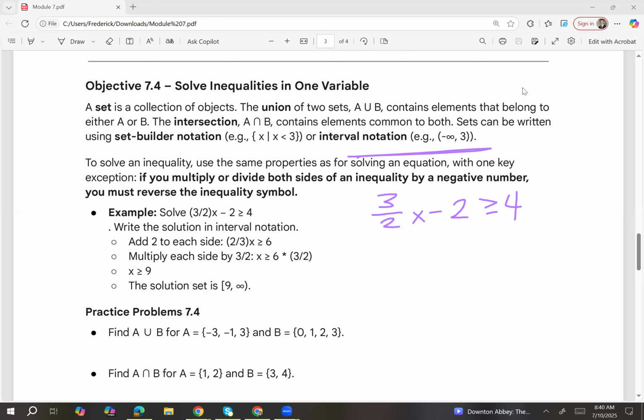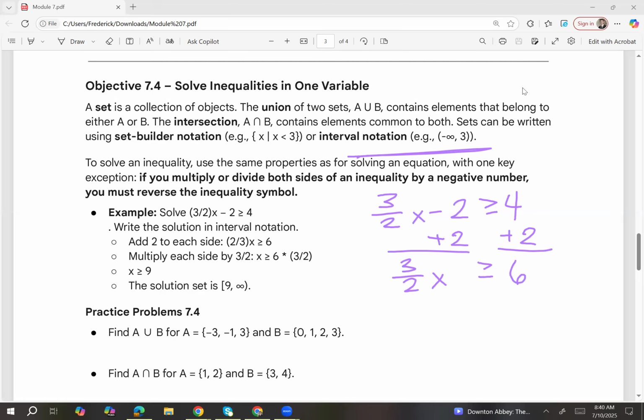So we've got a variable term minus a number greater than or equal to a number. So we need to move that number 2 to the other side to join that 4, just like we would when solving an equation. So then we have 3/2 x is greater than or equal to 4 plus 2, or 6. And now we're at the multiplication and division stage.